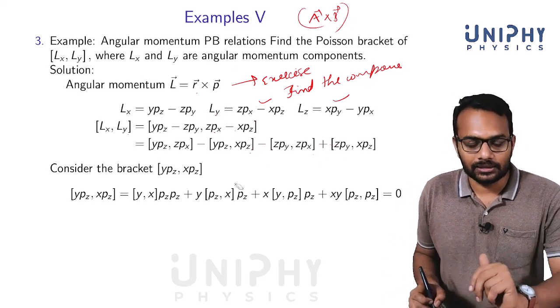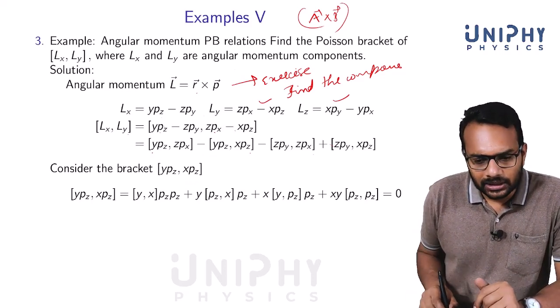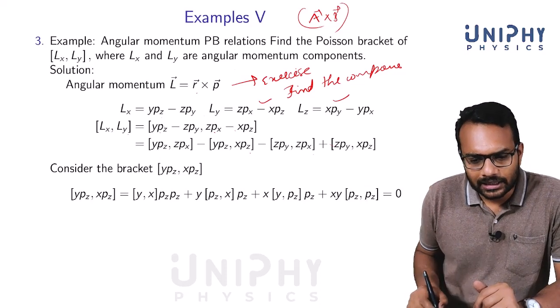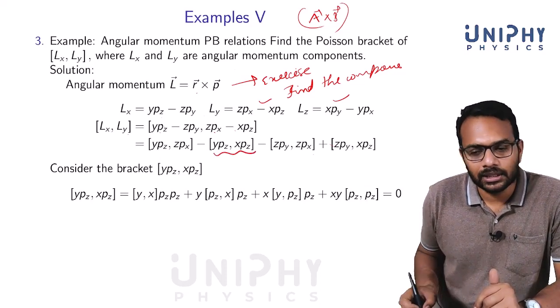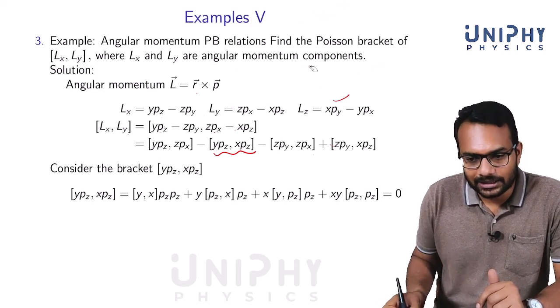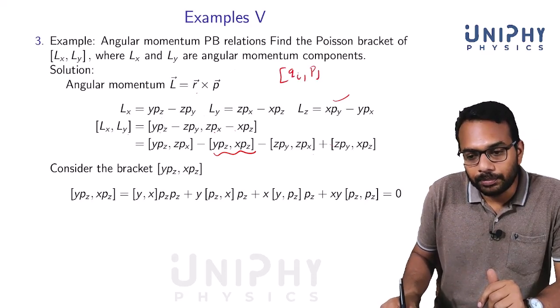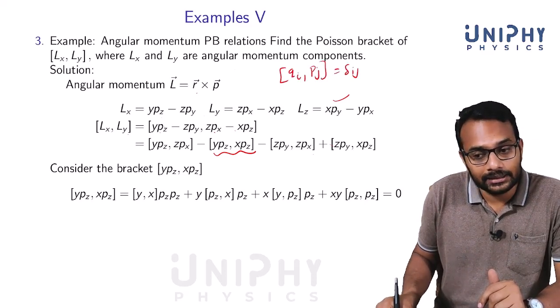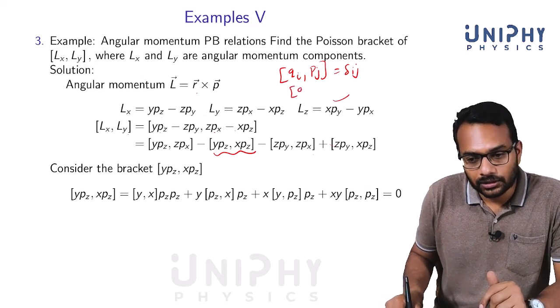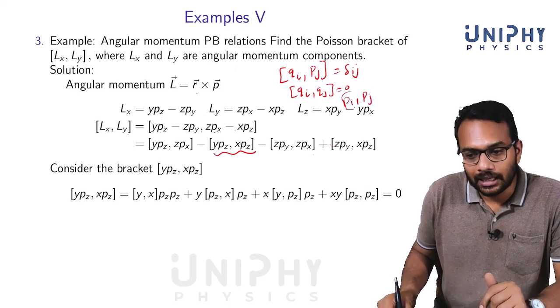Now we need to solve all these brackets. Let's look at the first one. Okay, let's look at the second one, ypz comma xpz. What's the value of this? It's a good thing to remember the fundamental Poisson bracket relations, which say that qi with pj is delta ij. Qi with Qj is 0, and Pi with Pj is also 0.